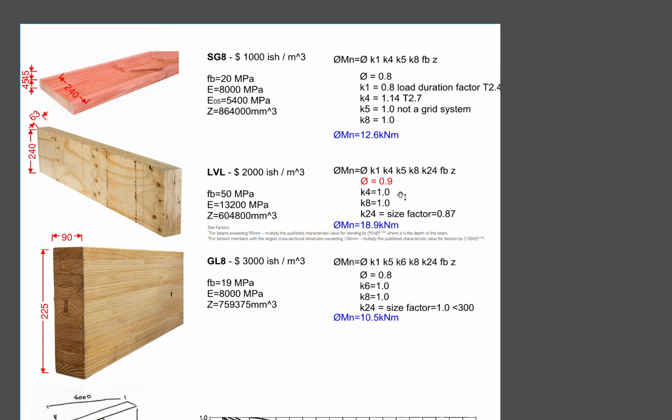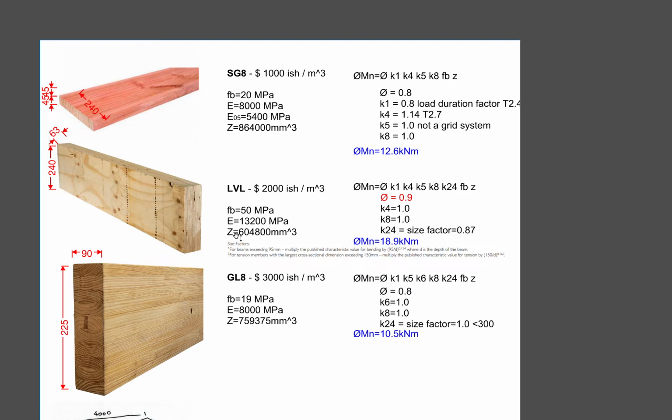That's why it's got a 0.9. So very good in terms of strength. And you can also see the bending strength is nearly 2 to 3 times, about 2.5 times, more than the sawn timber SG8. So in terms of bending strength, it is quite good. It is really good in bending and shear as well.